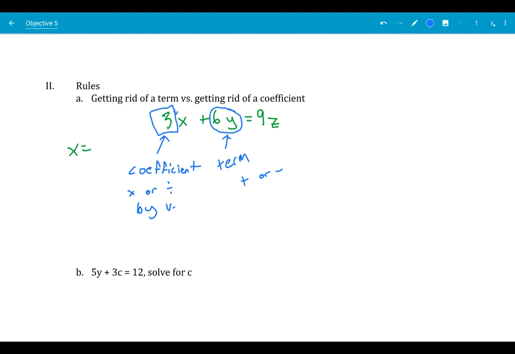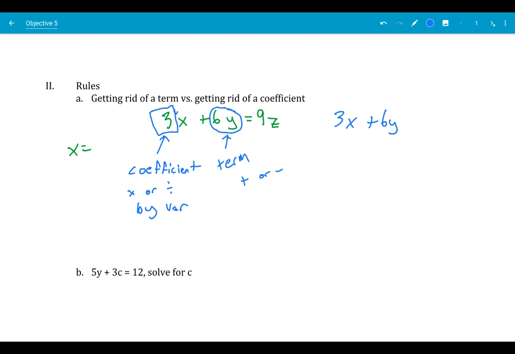So what we have here is 3 is being multiplied by the variable that we're trying to solve for, right? If you look at the 6 in 6y, 6 is also a coefficient, but we're not trying to get rid of just the 6. We're trying to get rid of the 6y as a whole piece, and 6y is being added, so that's considered a term, okay?